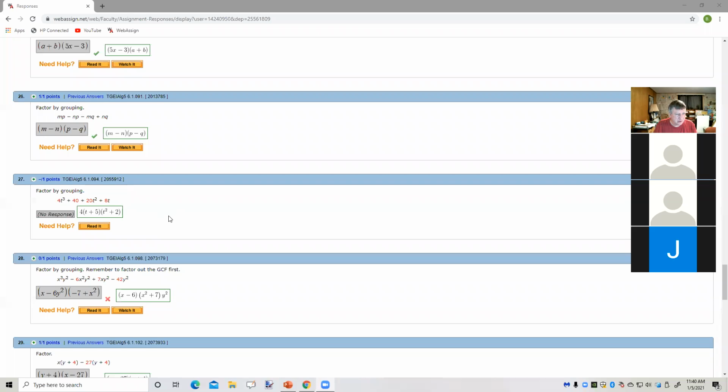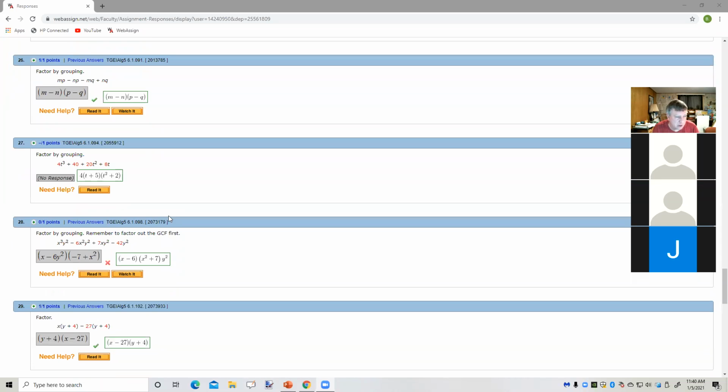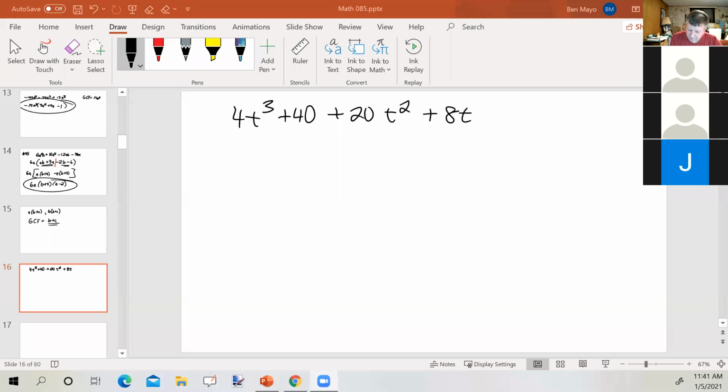Okay, so the factor by grouping problem: 4t cubed plus 40 plus 20t squared plus 8t, that one? Yeah. Okay, right off the bat, I'm going to put things in standard form.